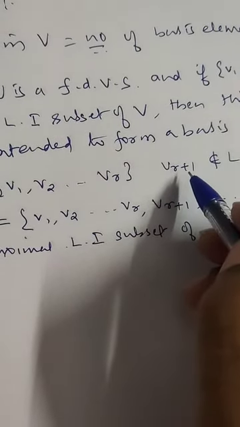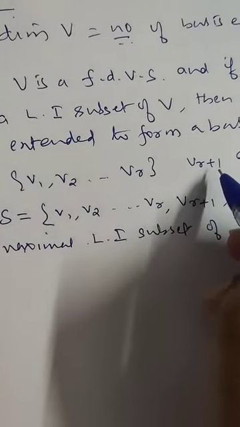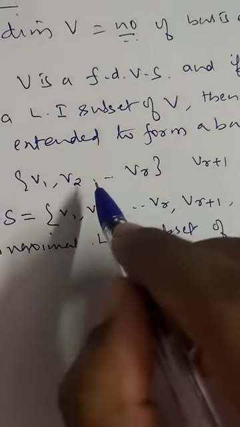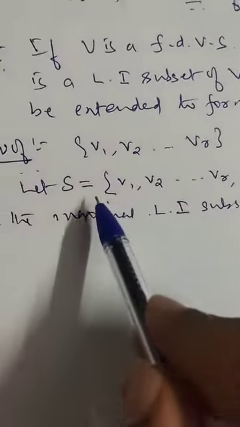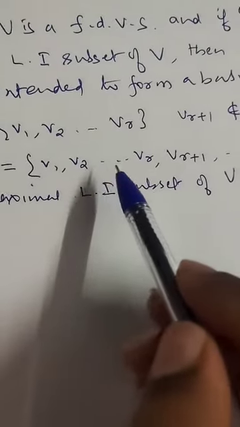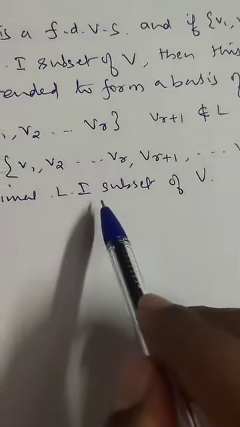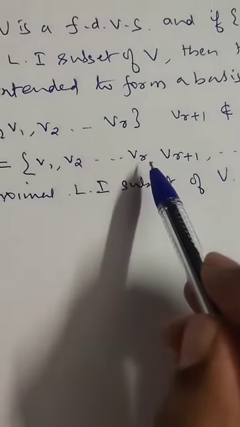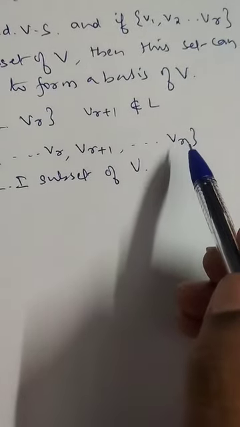Next again choose another vector which is not in the linear span of this one, and again you add that element. Likewise we can keep adding, and at each stage we get a linearly independent set. That set S is taken to be the maximal linearly independent subset of V. If you add any extra element, it becomes linearly dependent.